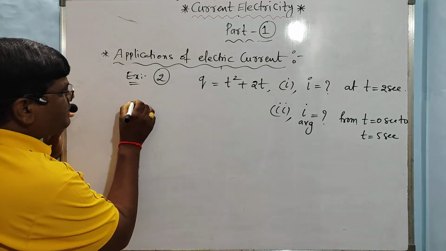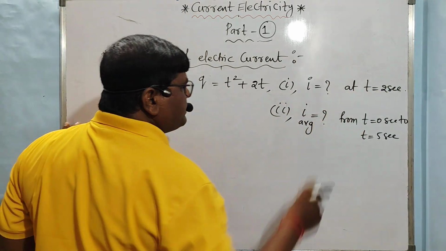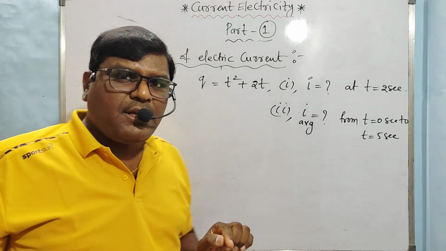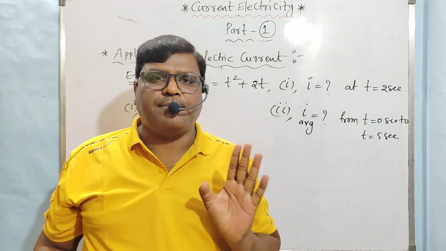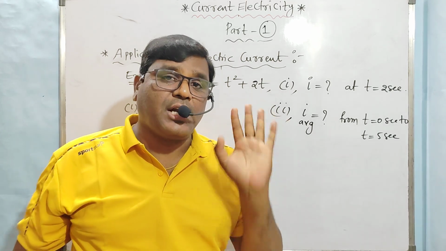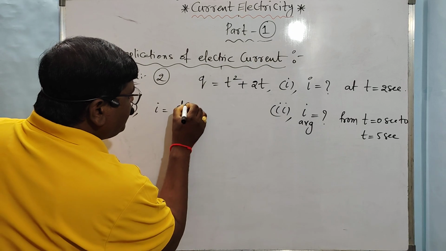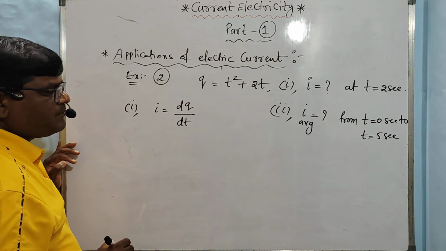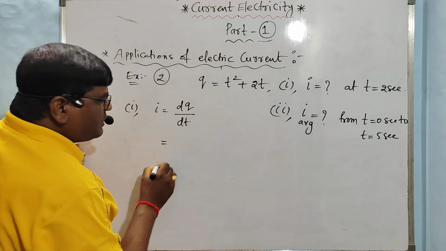Question number 1: I is equal to what at time t is equal to 2 seconds? Q is given. When the charge is given in terms of time, to get the current we have to differentiate the charge. Current I is equal to dq by dt. We have to differentiate this charge with respect to time.